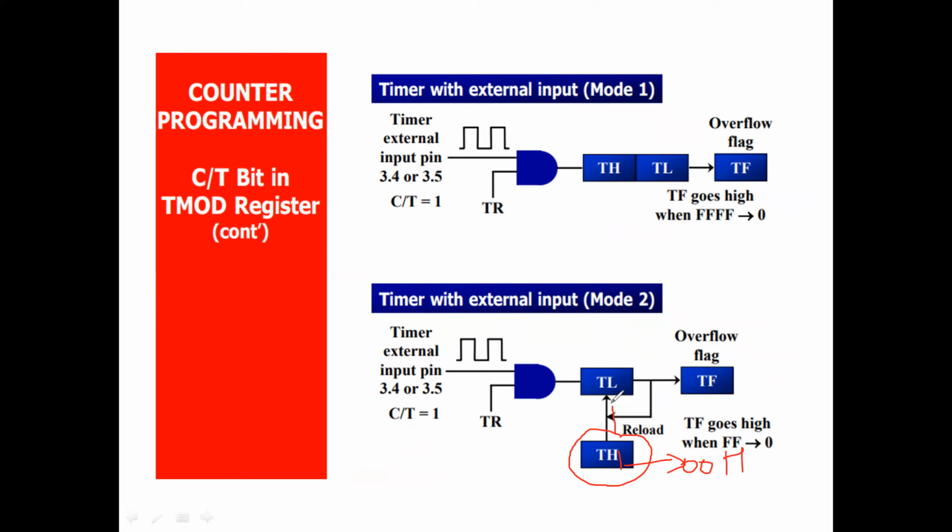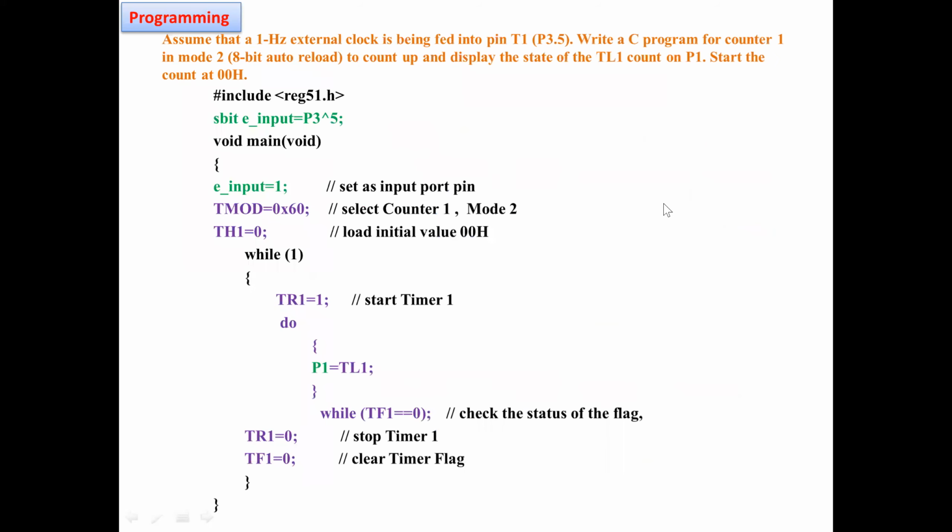This will automatically load into TL1. We are not programming anything here; it will be loaded automatically. So this part we have to initialize as my second step. Always, whether it is a timer or counter, my second step is to load some initial value. So load the initial value 00 to TH1, not TL1, TH1.